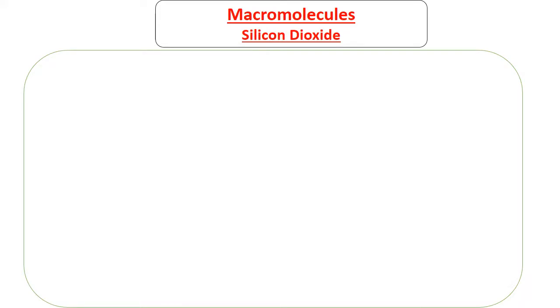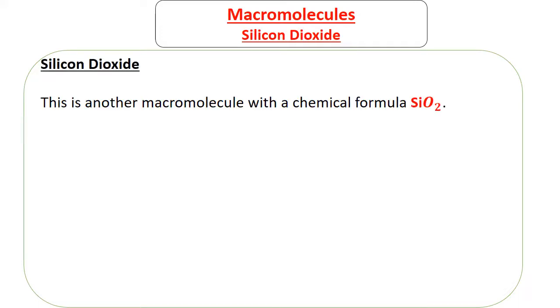Finally, we take a look at another macromolecule called silicon dioxide. So its chemical formula is SiO2, which simply means in silicon dioxide, the element silicon is bonded to 2 oxygen atoms.